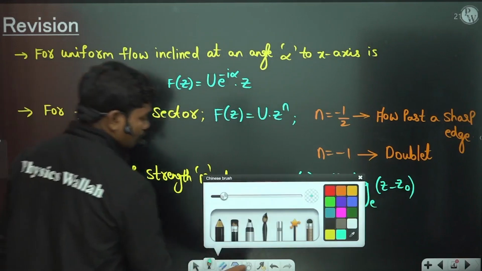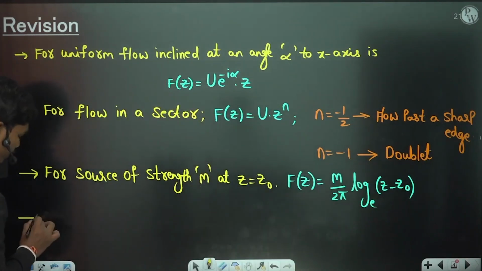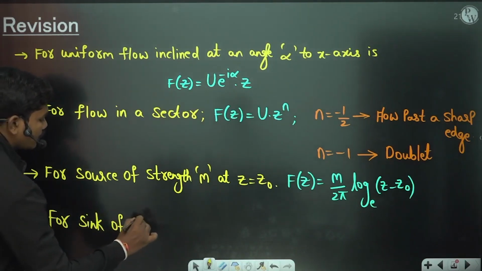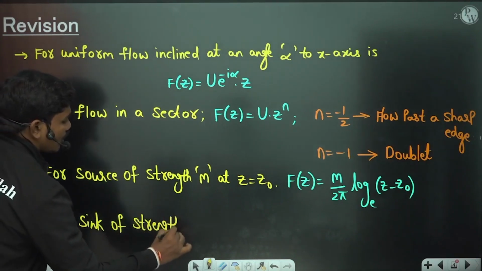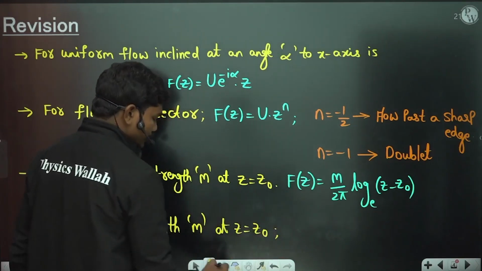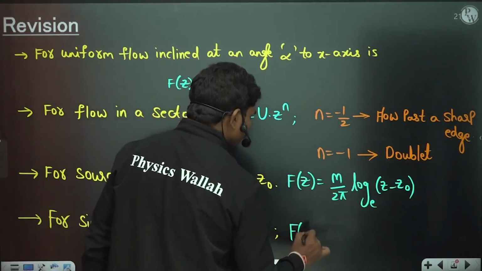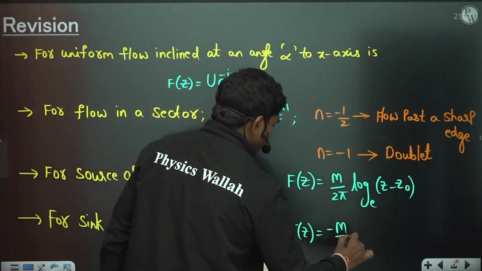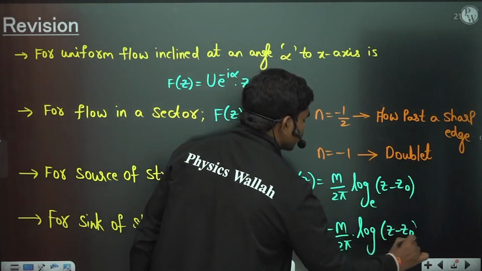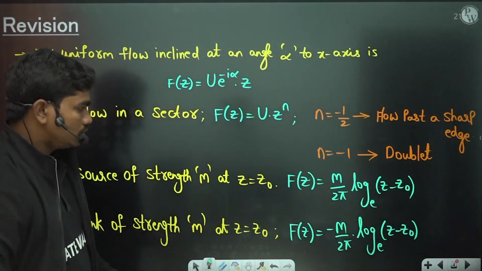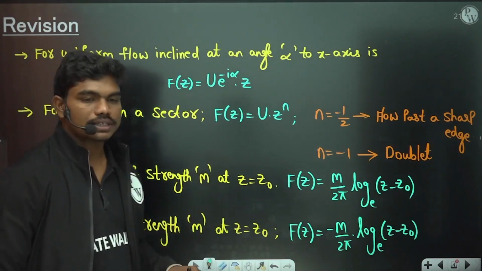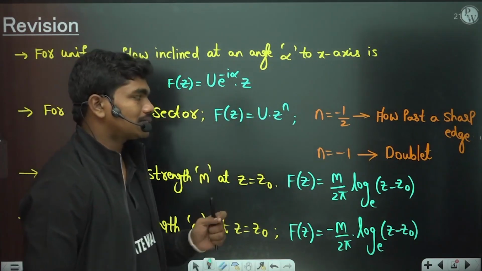And of course for a sink of strength m at z is equal to z0, you have your complex potential function f of z is equal to minus m by 2 pi log of z minus z0 to the base e, correct? So these are the complex potential functions in case of source, sink, flow past a sharp edge and a doublet.